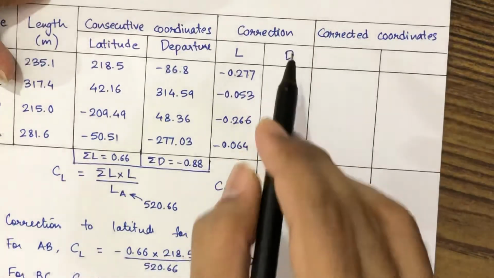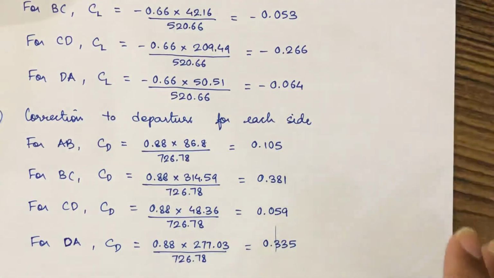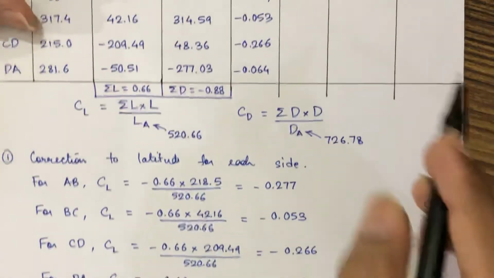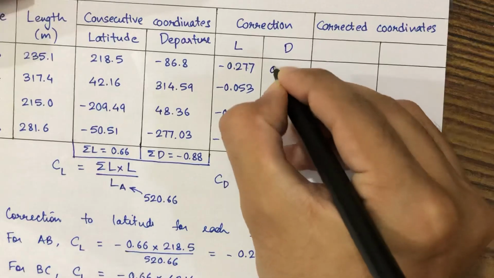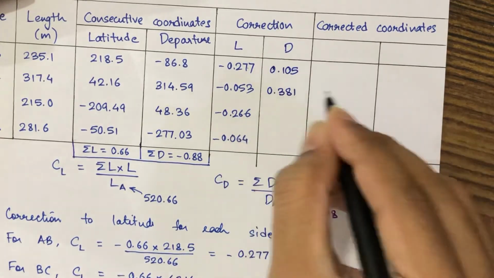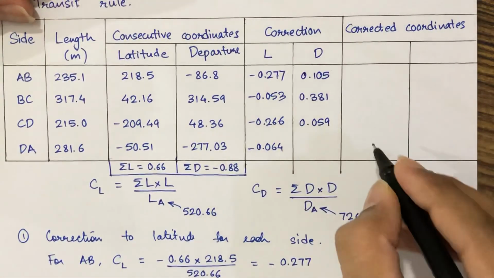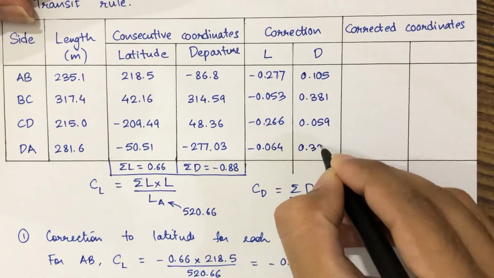Similarly, for departure, these values I'll just paste over here. This is 0.105, this is 0.381, 0.059, and this value comes out to 0.335.